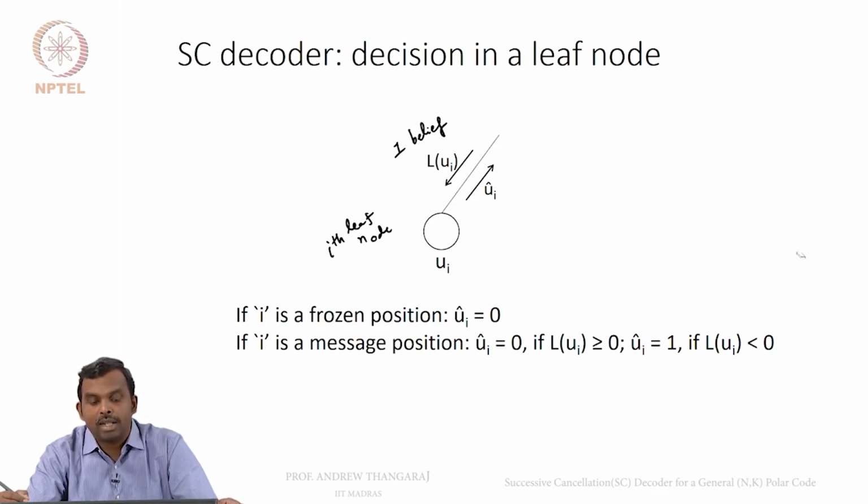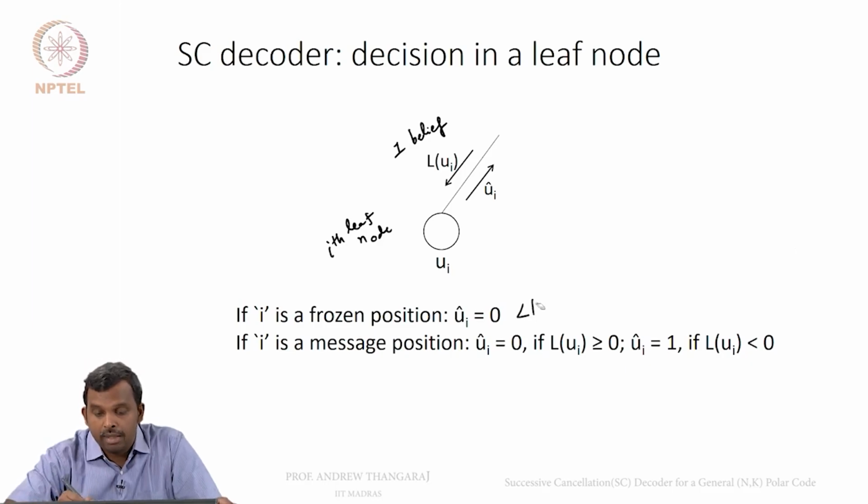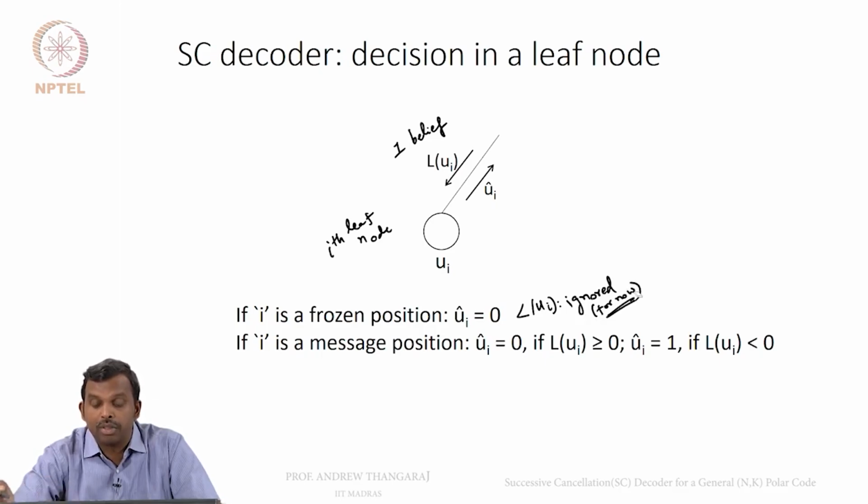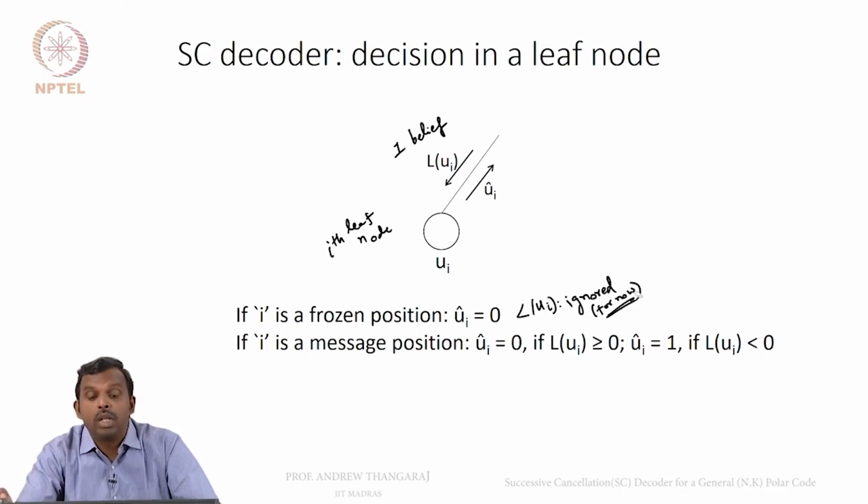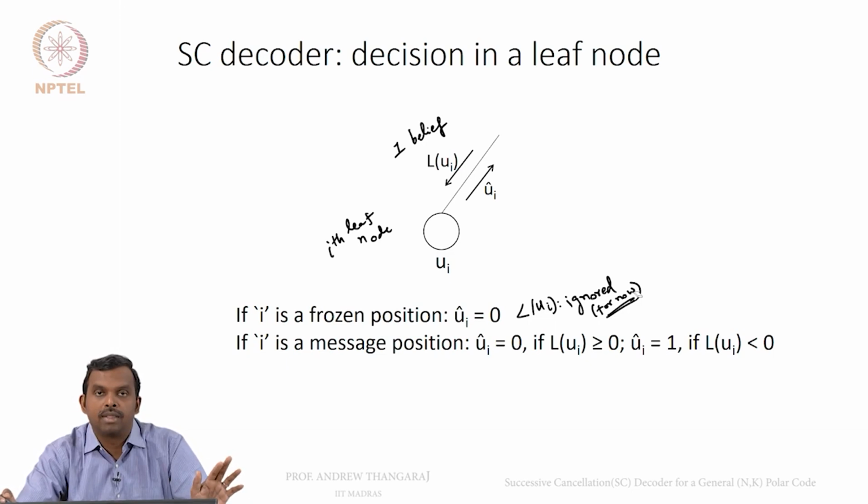In fact, in this case L of ui is sort of ignored. For now it is ignored; later on we will figure out a way to use it. If it is not frozen, of course L of ui plays an important role. It is the soft information for ui, which is actually a message bit.